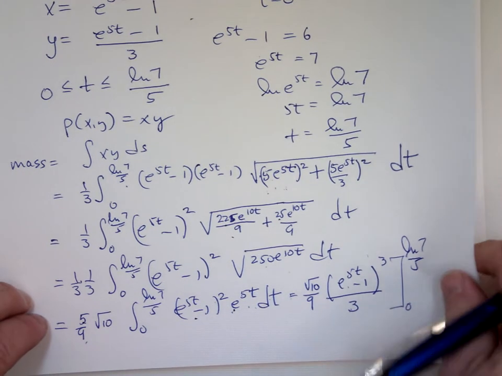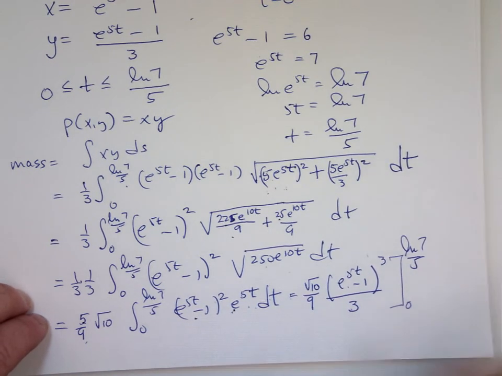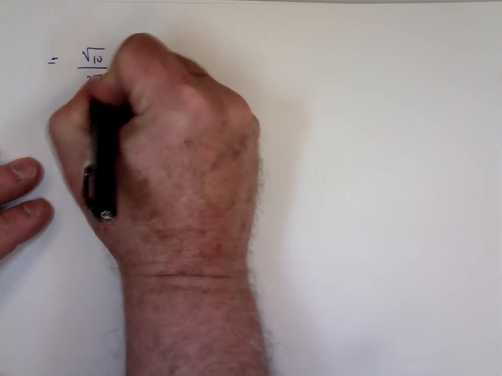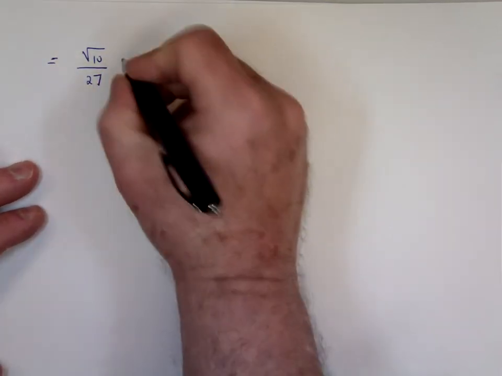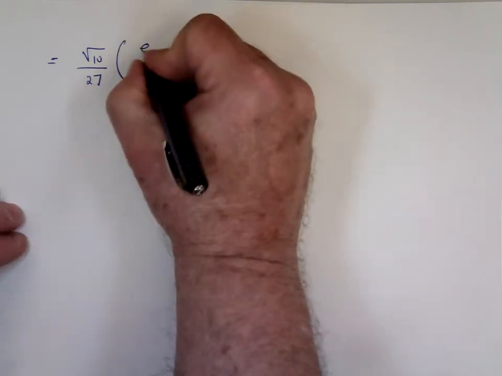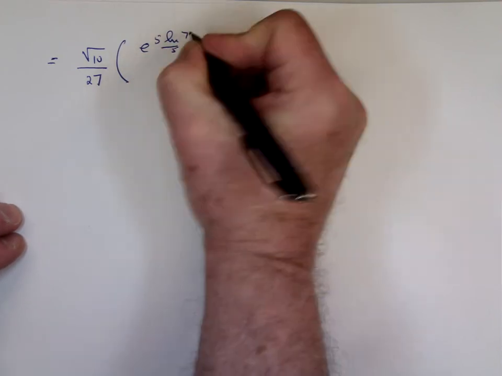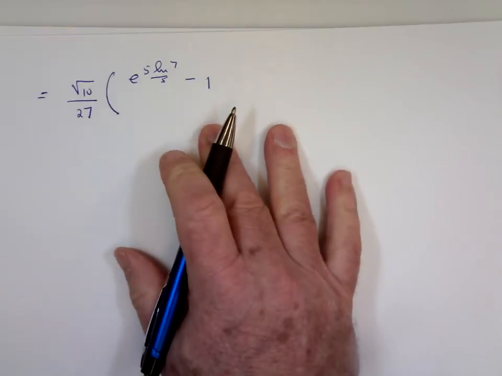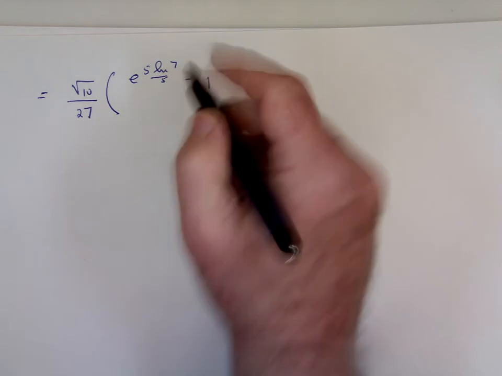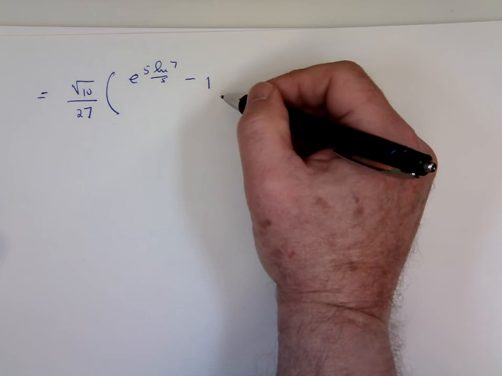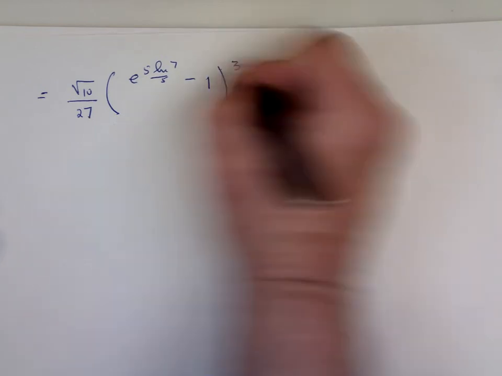Okay, over 3. This 3 comes out front to be a 27. I'll have the notes here if anybody needs the notes, right? Okay. Now, substitute in the natural log of 7 over 5. Okay, minus 1. I took the 3 out, so that's cubed. And then I substitute in, and that's cubed, minus, okay, put in the 0.